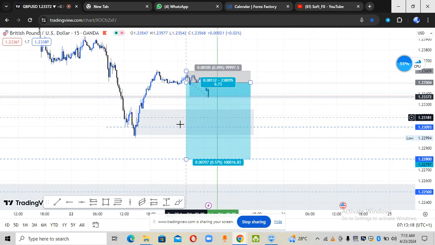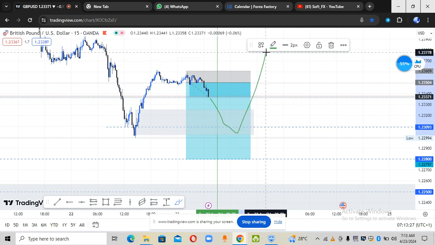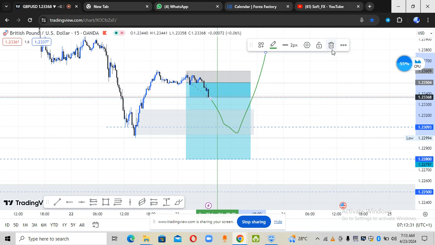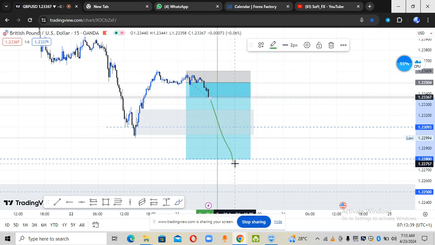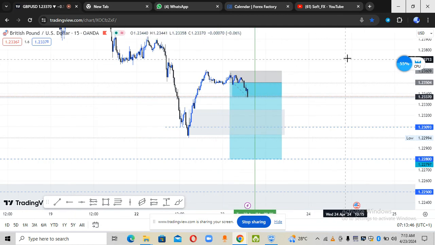So either the market comes down to this level, creates a kind of manipulation during the news, and then we go upwards, or the market will just continue selling into our take profits right here. So bringing the stop loss into this level before the news is actually going to make sense.